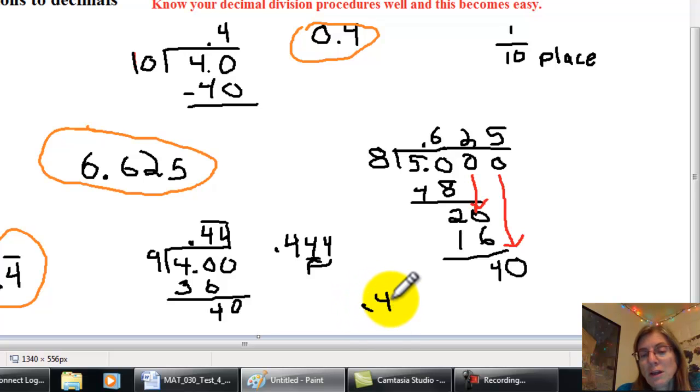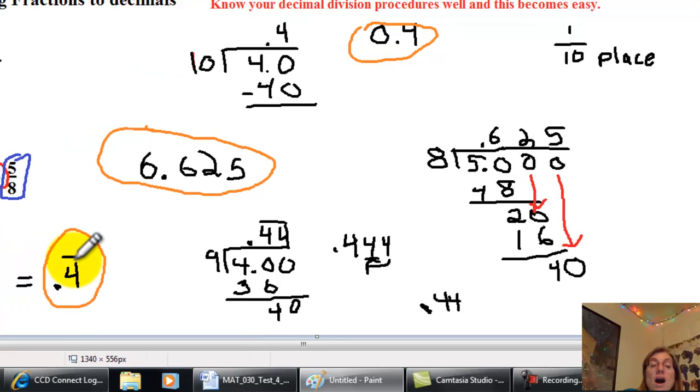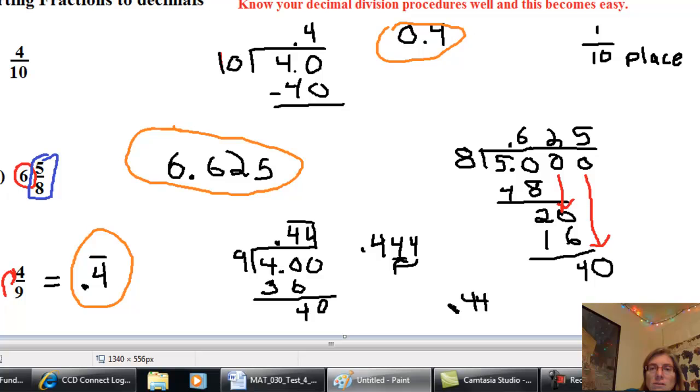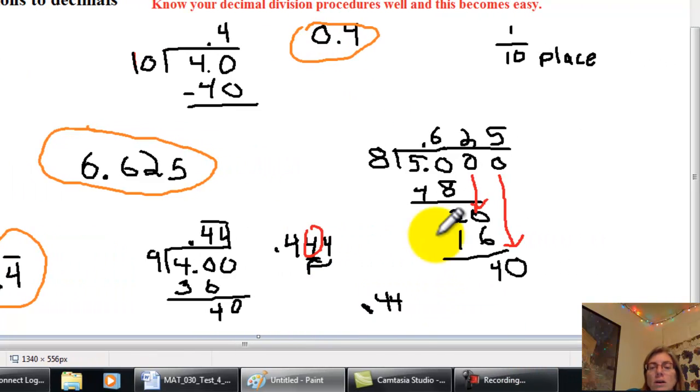So if you rounded 0.4 repeating to the nearest hundredths place, this is the hundredths place. If you rounded it, you would just have 0.44 without the line. That would be a rounded answer right there.